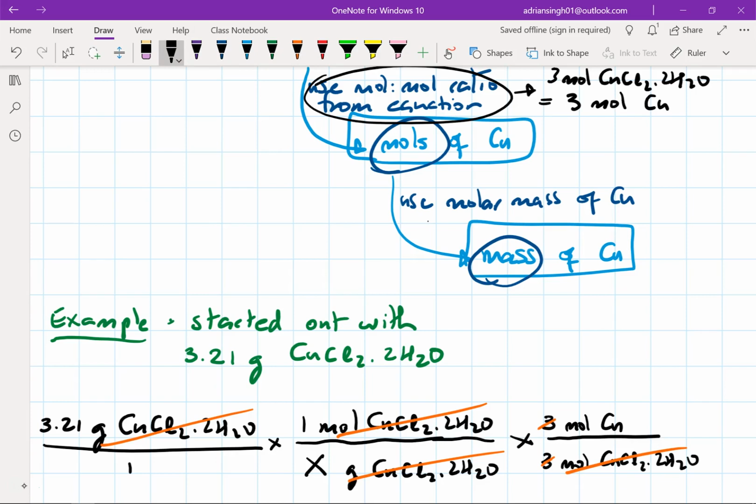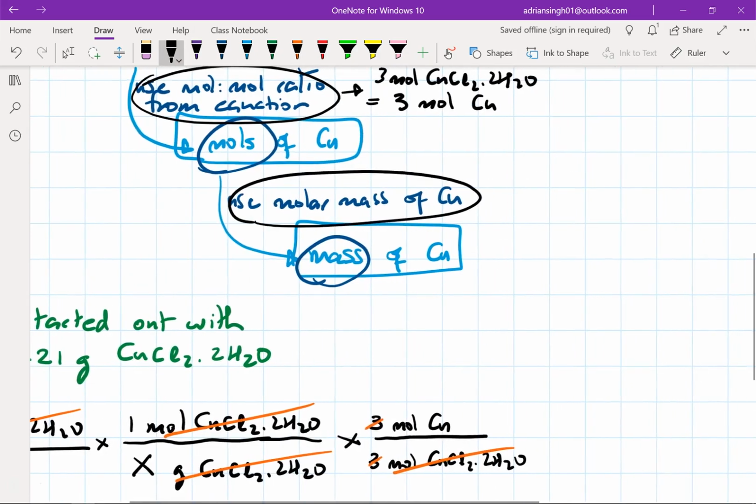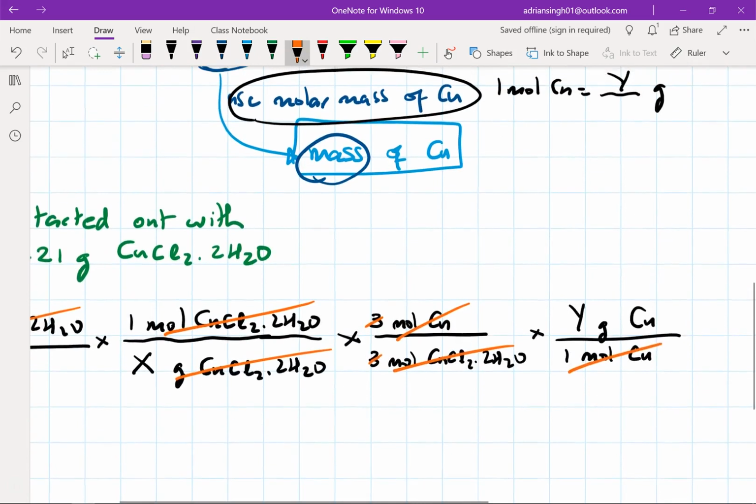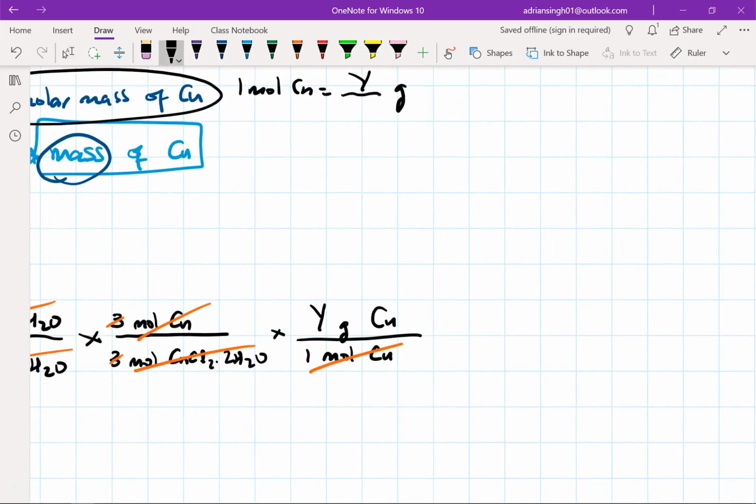And the last step would be to use the molar mass of copper, which you can get from the periodic table. Let's say this is Y grams, and we use that as a conversion factor. For every 1 mole of copper, we have Y grams of Cu. So the moles of copper cancel, and the only unit left is the grams of copper.